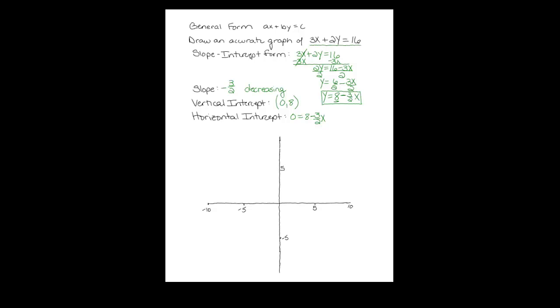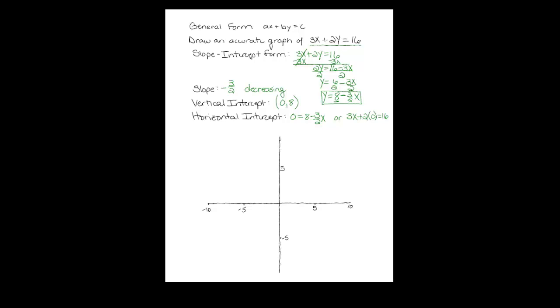This 3x plus 2y equals 16, we could use it to find the horizontal intercept. So I'm just going to write this out to the side here. Now remember, we're setting y to 0, so 3x plus 2 times 0 equals 16. Notice this equation is going to wind up being a whole lot easier to solve.